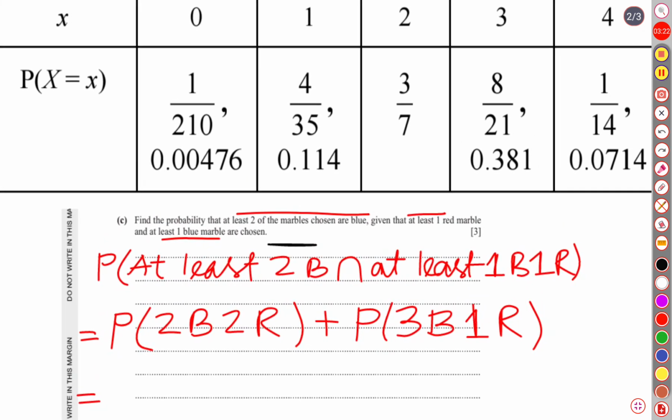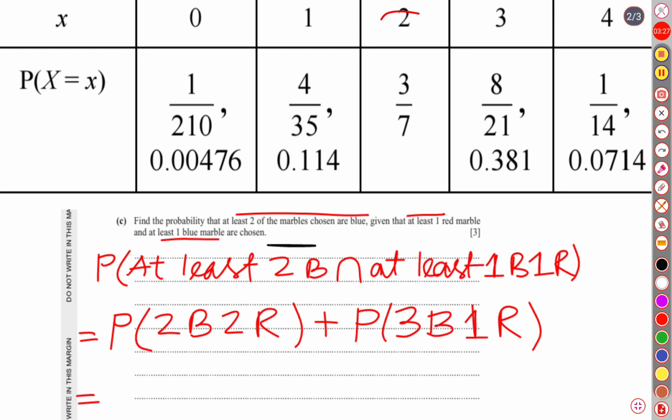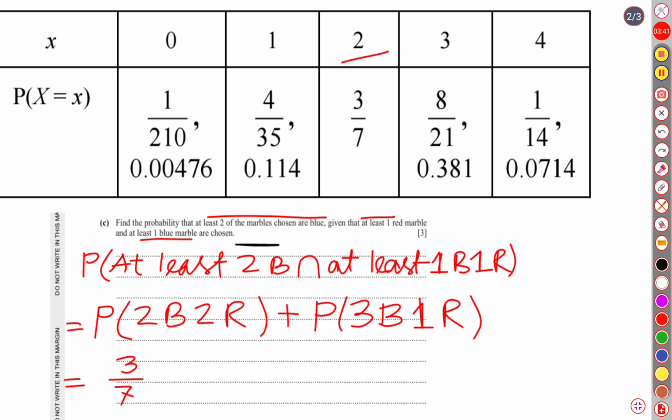The probability of picking 2 blue and 2 red is 3 over 7, plus 3 blue marbles. The probability of picking 3 blue marbles is 8 over 21. So 3 over 7 plus 8 over 21, and finally, if we simplify, it is going to be 17 over 21.